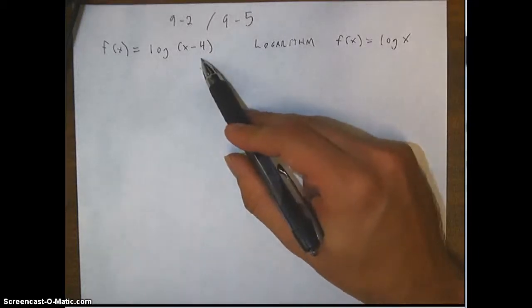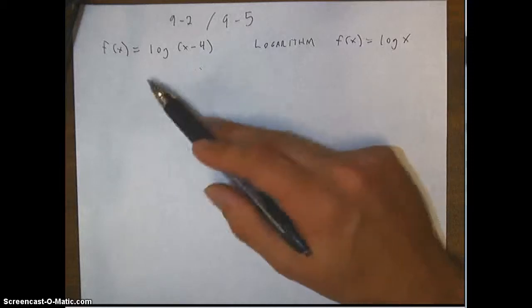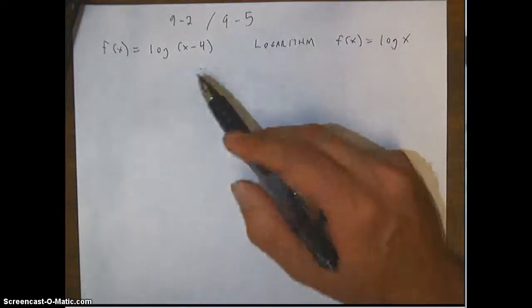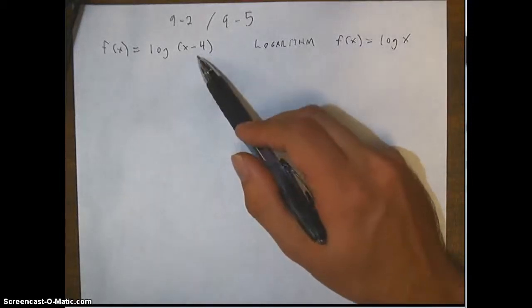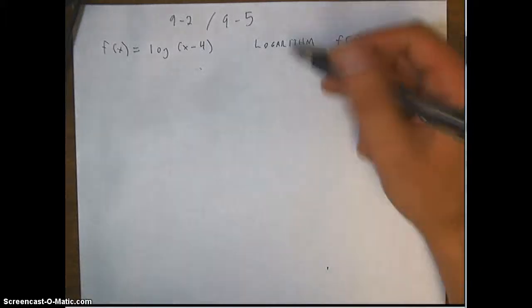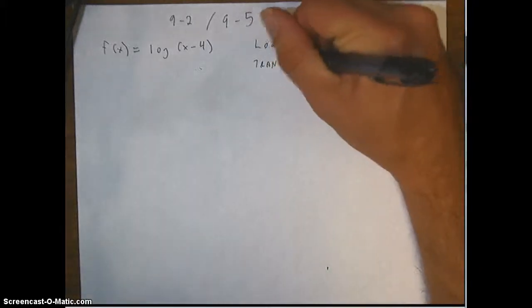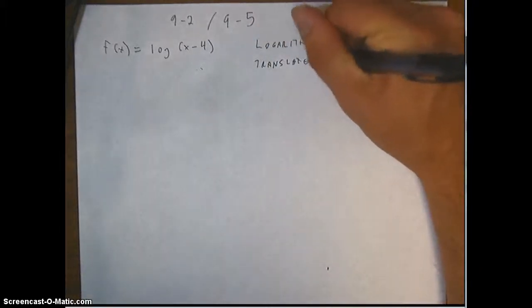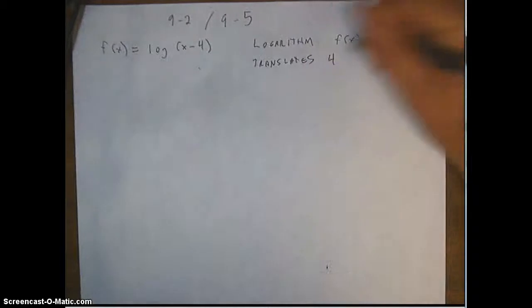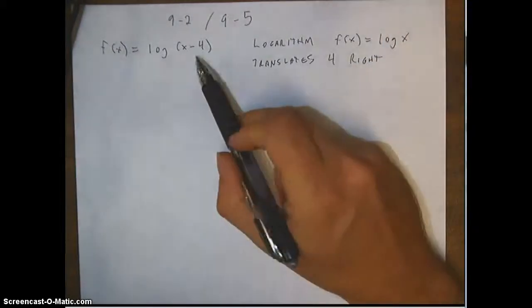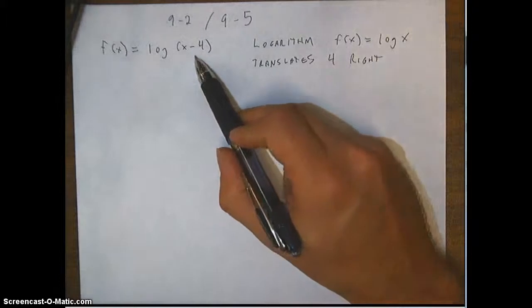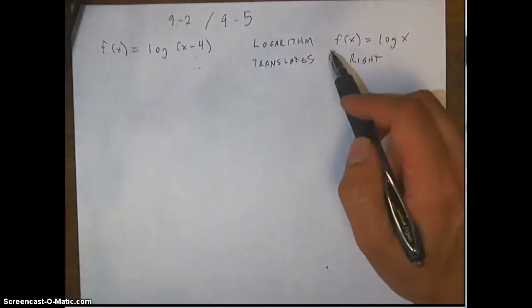That minus 4 inside the parentheses tells me that it moves left or right. Now, I remember that whenever it's inside the parentheses, that's counterintuitive. So I know that this thing translated 4 units to the right.